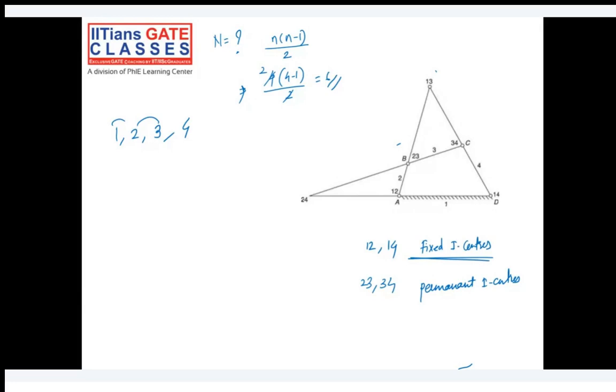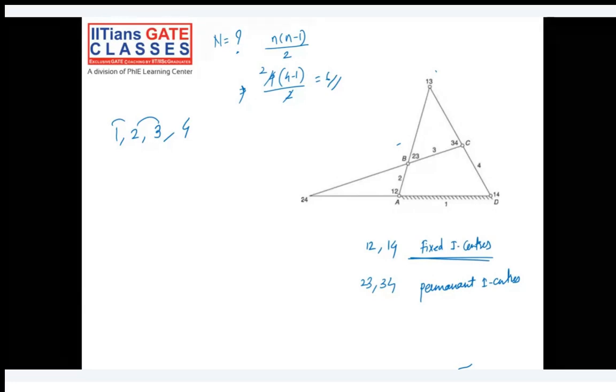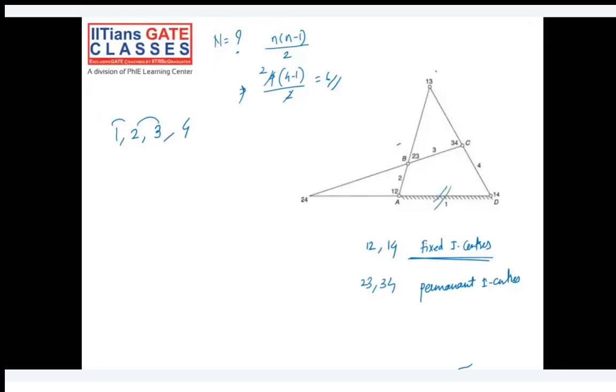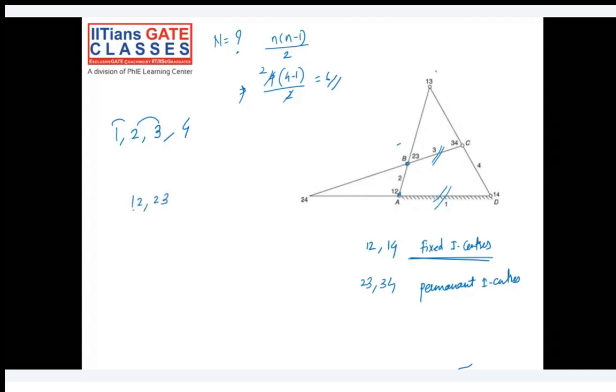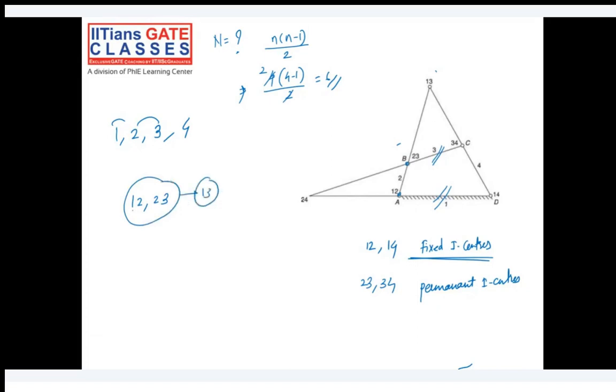Okay, so this is link number 1 and this is link number 3. If you join 1 2 and 2 3, and similarly 1 4 and 3 4, these two lines wherever they cross each other, you will end up with the 1 3 center.